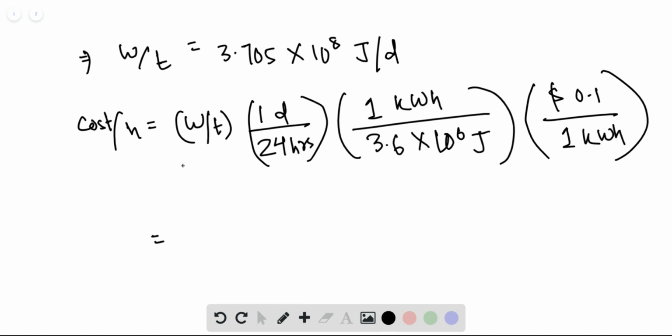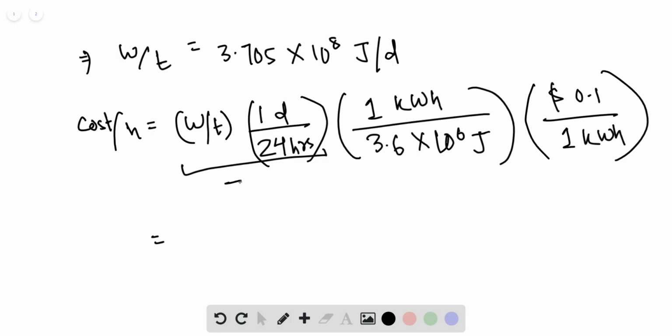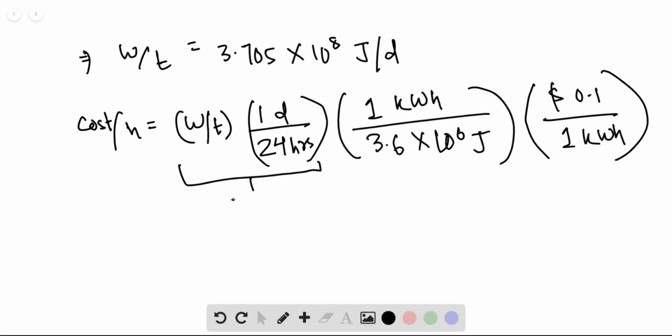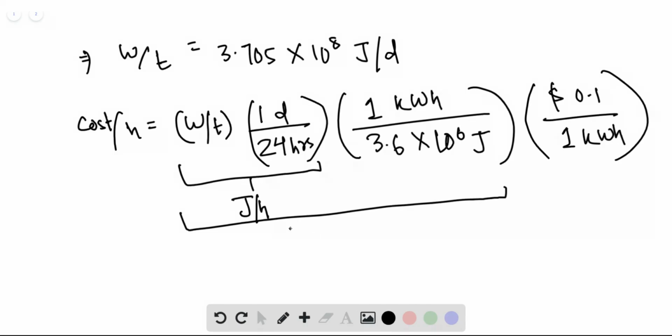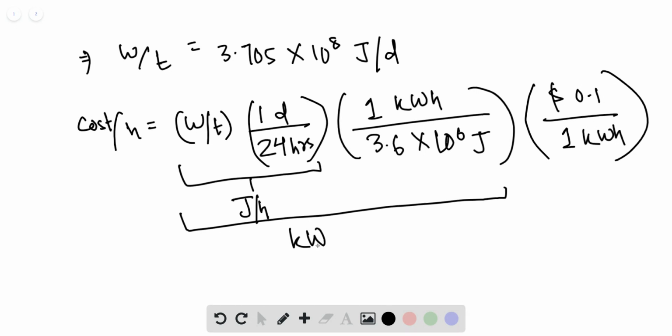So basically over here we converted the power into units of joules per hour. Then multiplying with this factor, we get the power in units of kilowatt, just kilowatt.